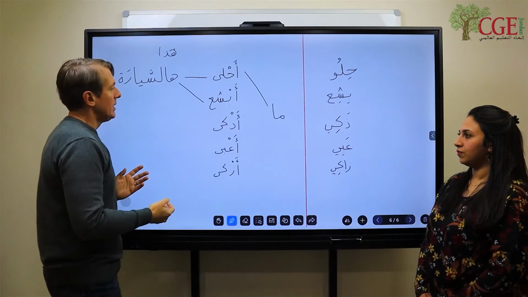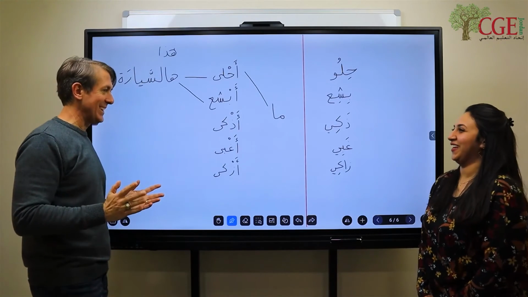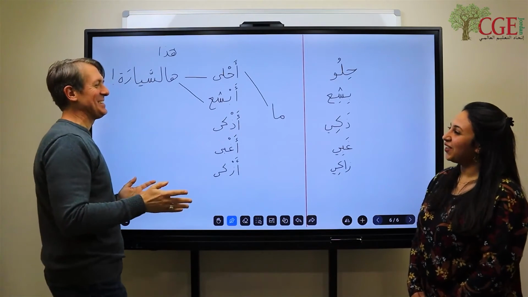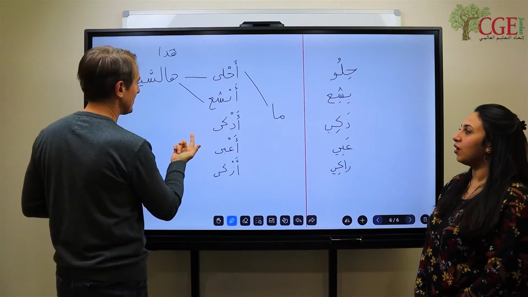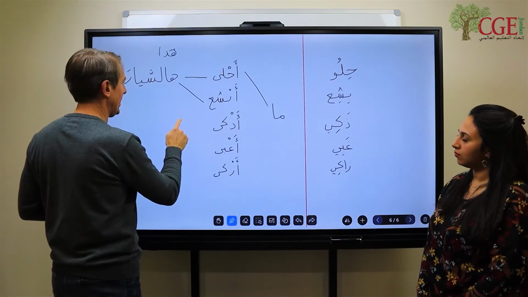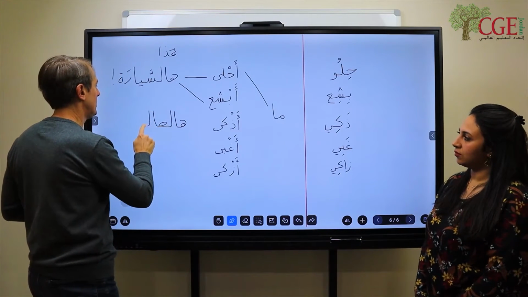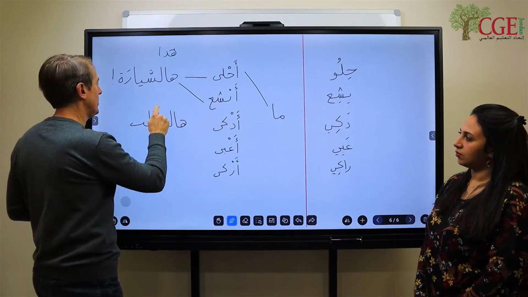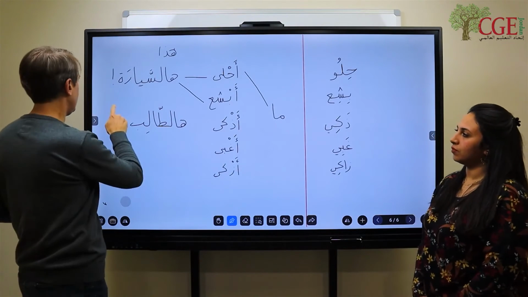All right. And here we're going to need a new one because cars don't have brains. هاي أذكى. So let's put an ism here. ما أذكى هالطالب. Okay. All right. There we go. ما أذكى هالطالب.